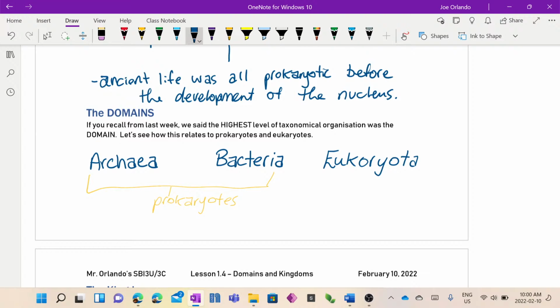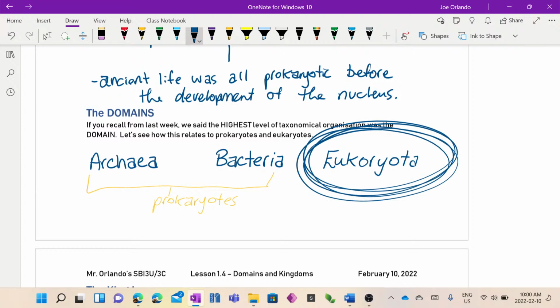Bacteria are also very simple cells, but they are more modern in design than the earliest life on Earth. And then everything else has a nucleus, which is most of the stuff around us. Animals, plants, fungi, all of those things fall under eukaryota.